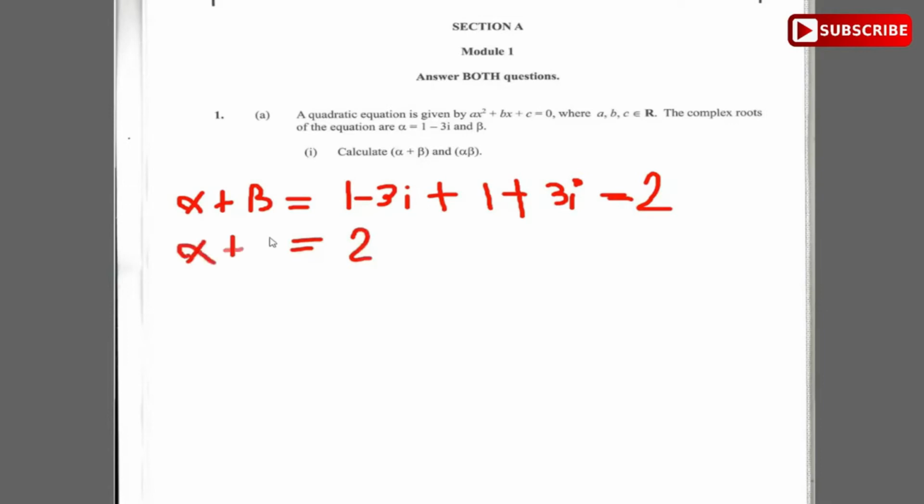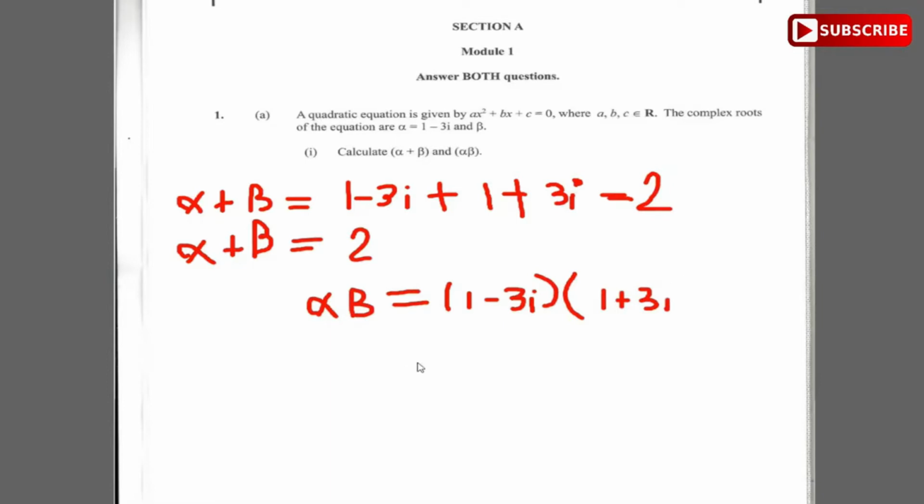The next thing we're going to want to know is alpha times beta. Alpha times beta is going to be 1 plus 3i times 1 minus 3i. But that's just the difference of two squares. Given that this is the difference of two squares, it's going to be first term squared minus second term squared.